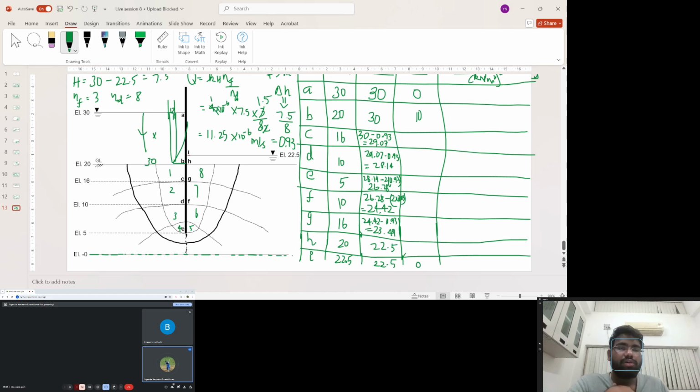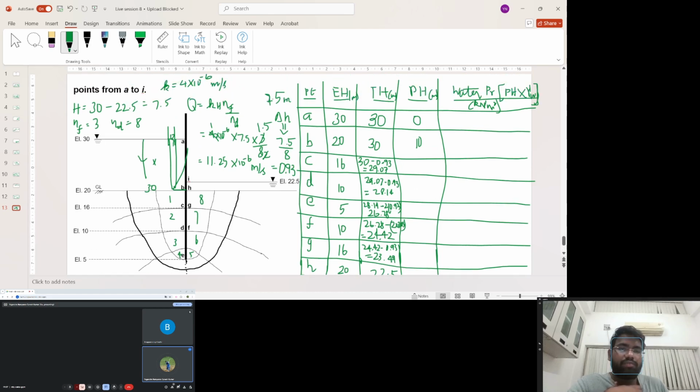Now we have filled in all the total head and elevation head. Now we can get the pressure head, which is total head minus elevation head. So you can separate each column. 29.07 minus 16 gives us 13.07. Here 28.14 gives 18.14.